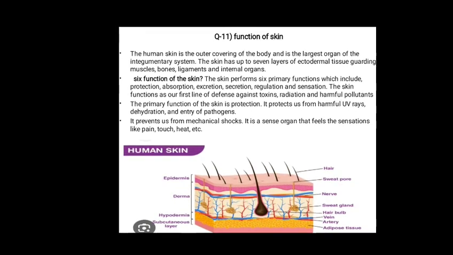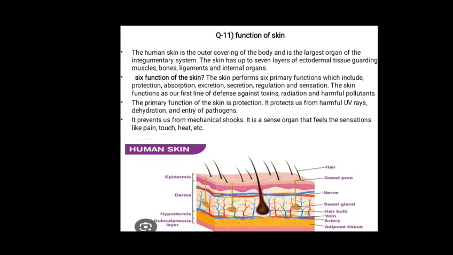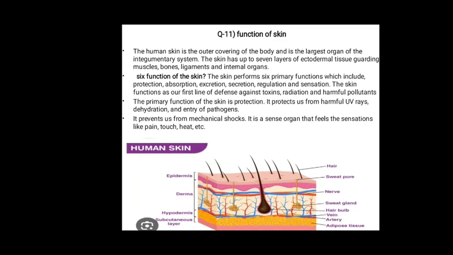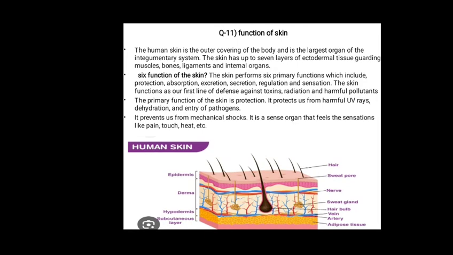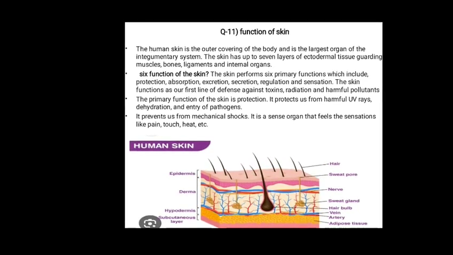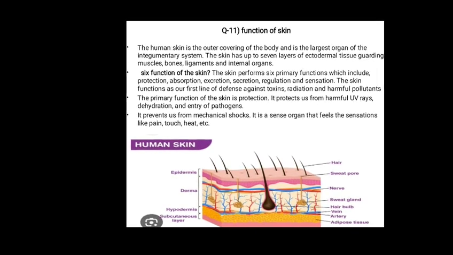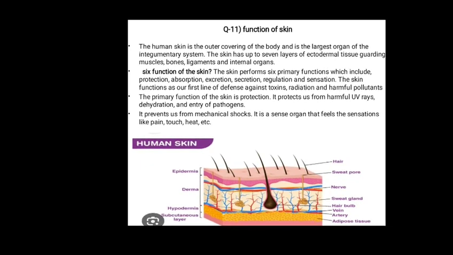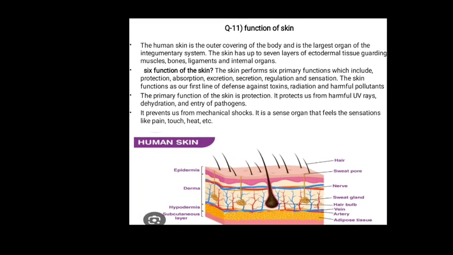The skin functions as our first line of defense against toxins, radiation, and harmful pollutants. The primary function of the skin is protection: it protects us from harmful UV rays, dehydration, and entry of pathogens.